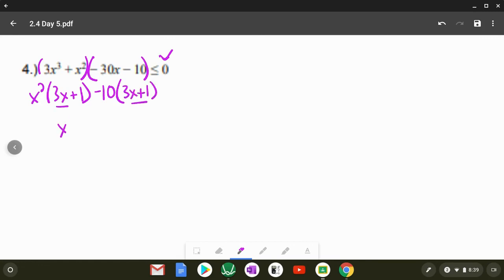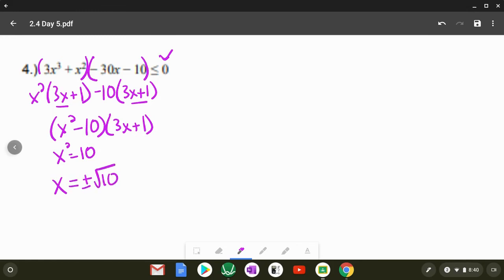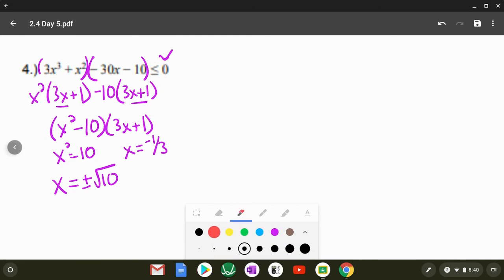Matching groups, x squared minus 10, 3x plus 1. And then we have our key numbers, x squared equals 10, x equals plus or minus the square root of 10. And again, x equals -1/3. Now again, I'm putting equals because it is less than or equal to.